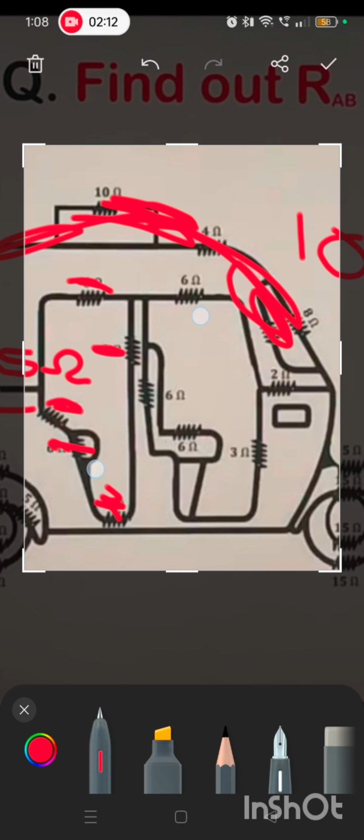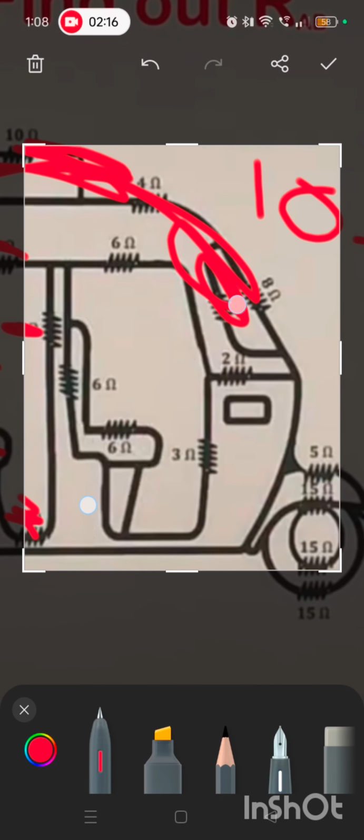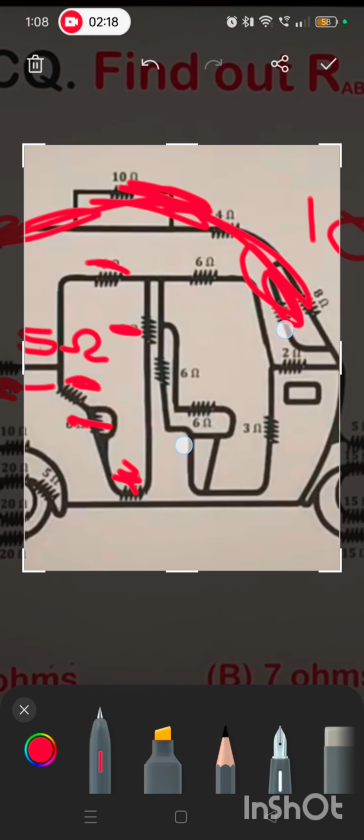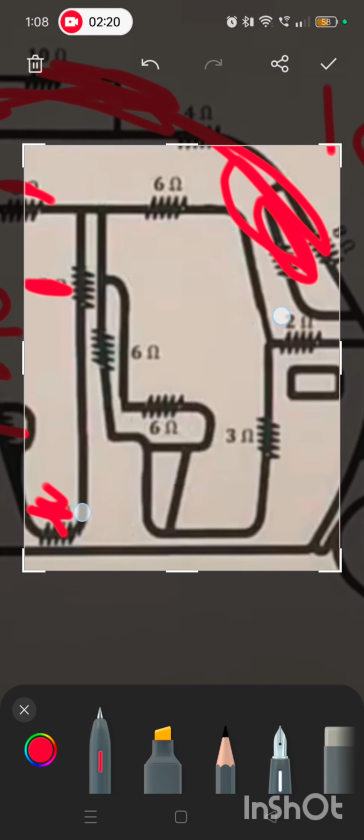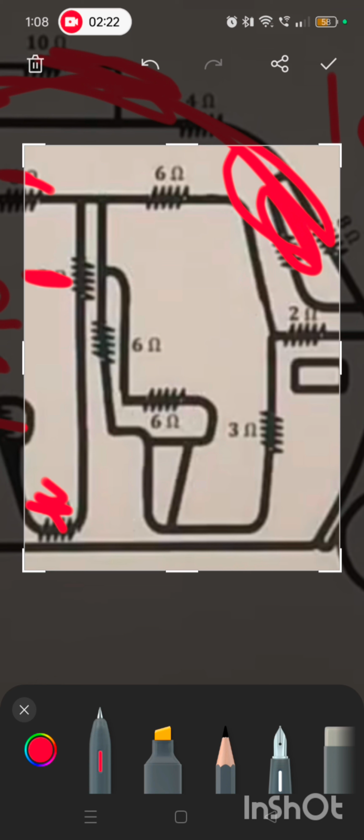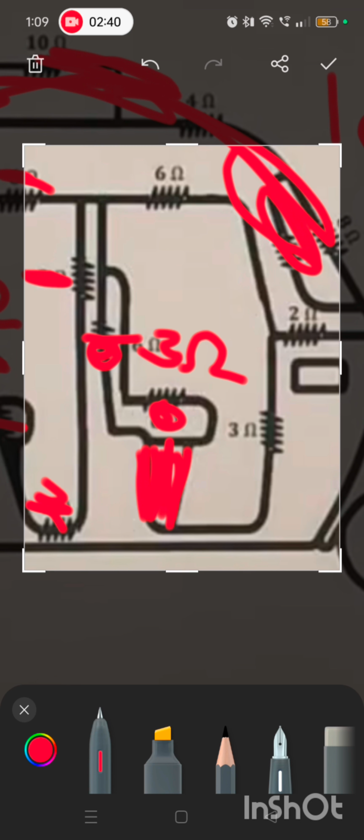The 5 ohm is again in series with the front seat. So we are going to first calculate the front seat, right? This is a very maze-like structure, you can see, but if we define it simply, we can see these 6 ohm and this 6 ohm are in parallel, so they'll together form 3 ohms. These two lines are nothing but a single wire, not double wires.